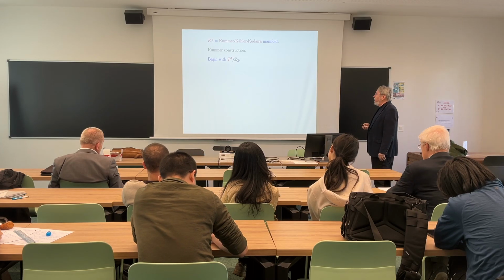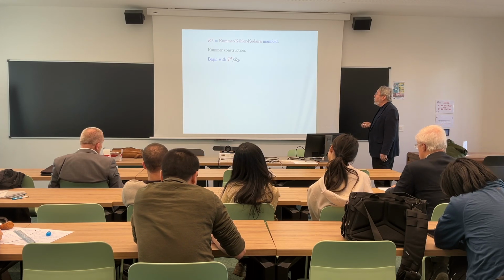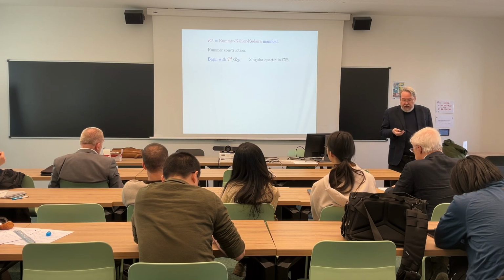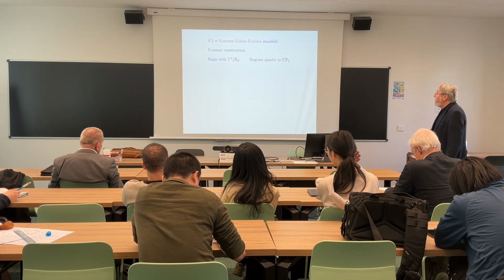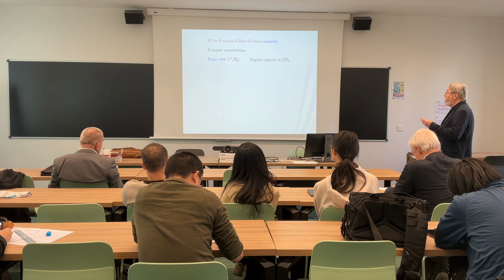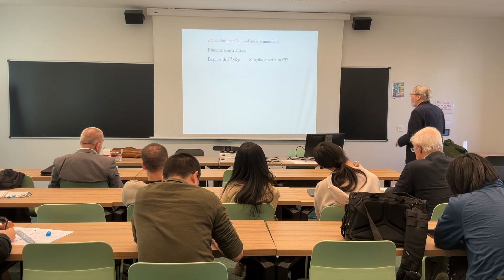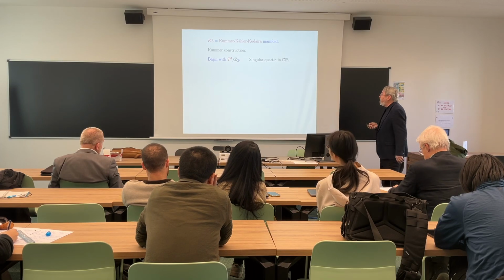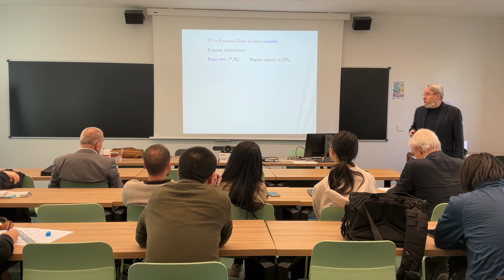Now I described before, K3 is a certain kind of complex surface. And what Kummer actually discovered was that there's a certain class of complex 4-tori modulo Z2, which arise as singular quartics in CP3.